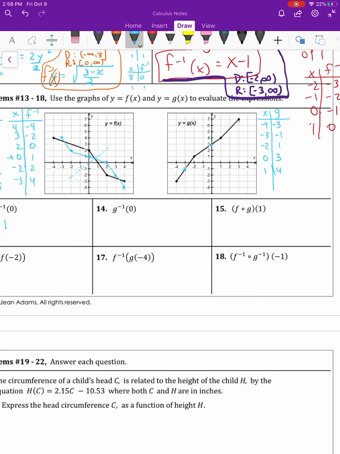And then 3, 7. And so I can now make my G inverse ones. I'm just swapping these: negative 3, negative 4, negative 1, negative 3, 1, negative 2, 3, 0, 4, 1, 7, 3.